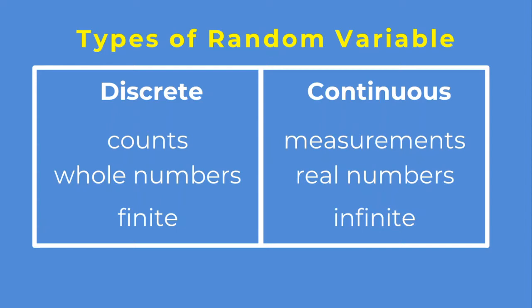Sa discrete, finite siya, ibig sabihin may hangganan lang. Pero usually lang siya. May mga discrete random variable na infinite din, pero as long as kaya natin bilangin or we can use whole numbers, that random variable is also discrete. Dito sa continuous, dahil measurement siya at gumagamit siya ng real numbers, infinite siya.